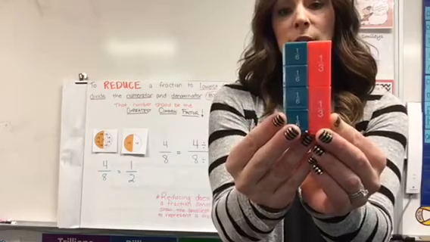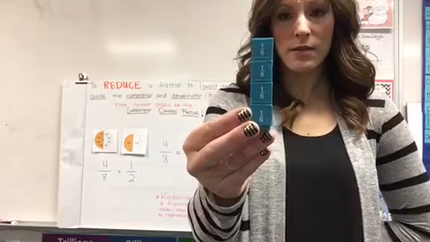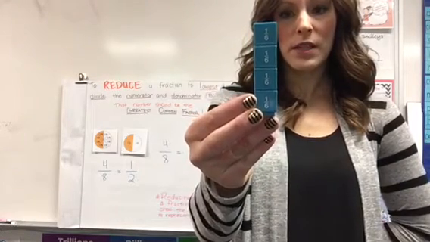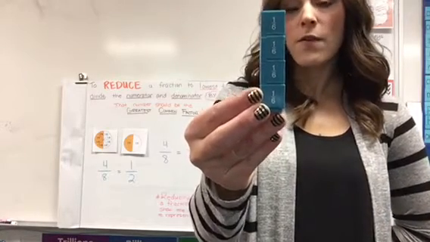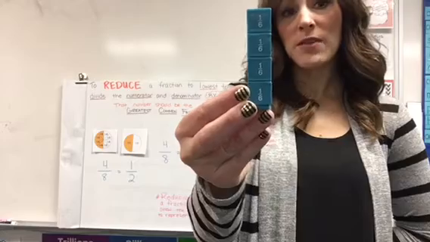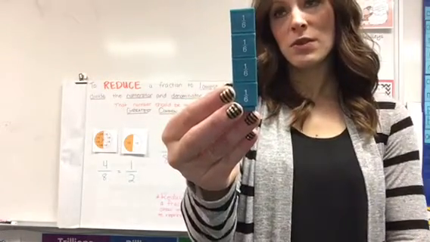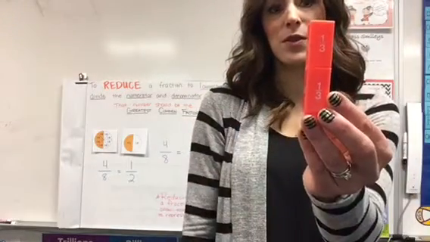I want you to write down the greatest common factor for 4 and 6, because 4/6 is my fraction. If you wrote down 2, you're correct. 4 and 6 can both be divided by 2. And when you divide 4 by 2 and 6 by 2, you come up with 2/3.